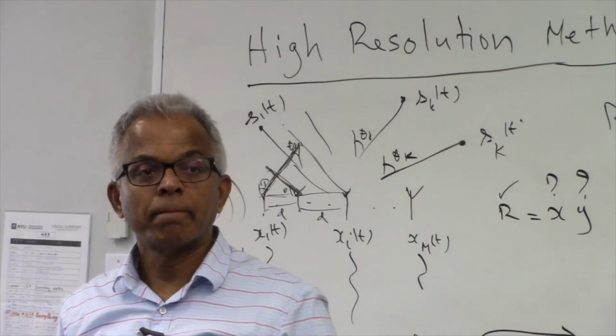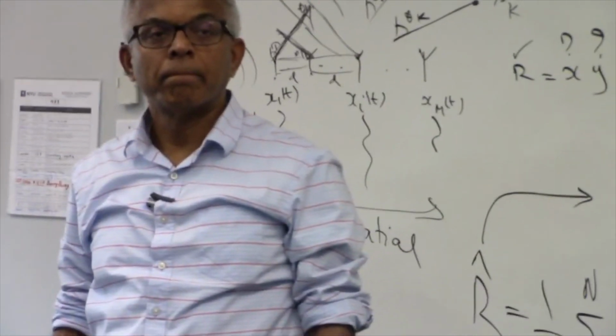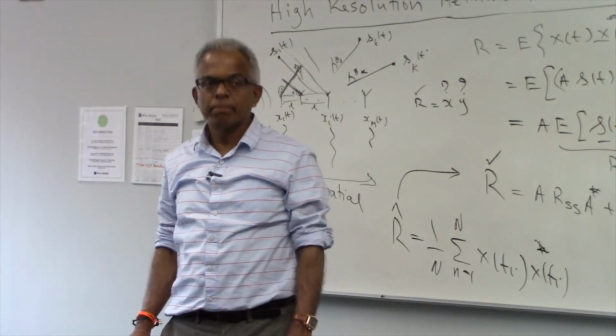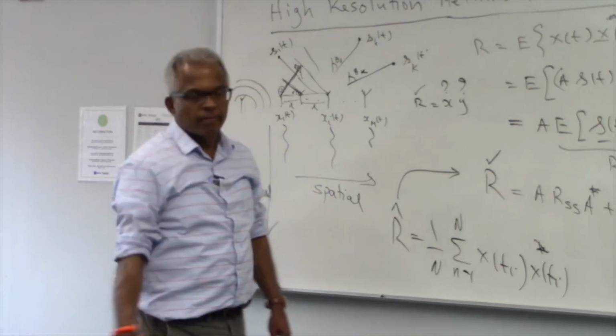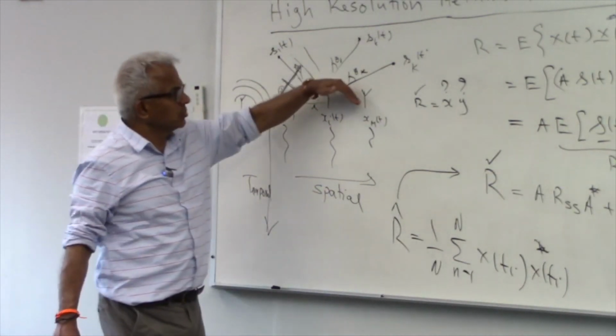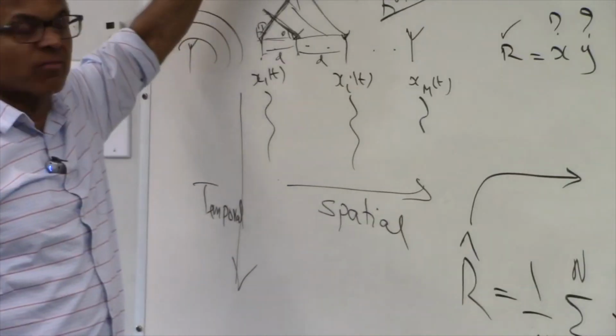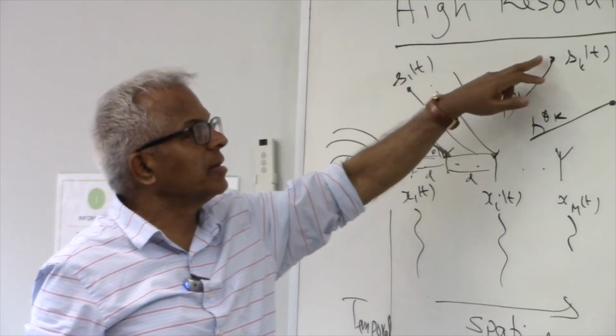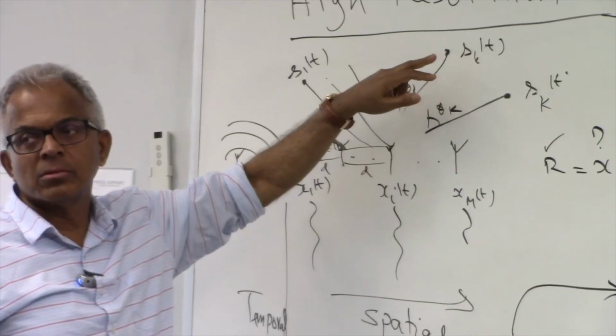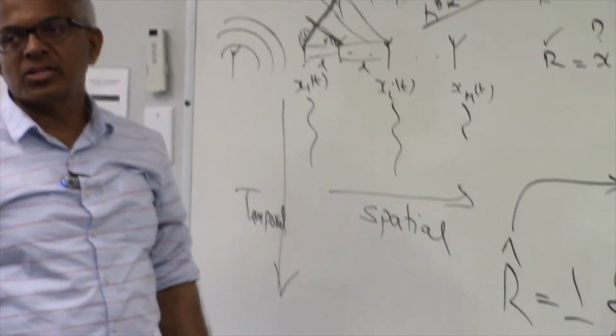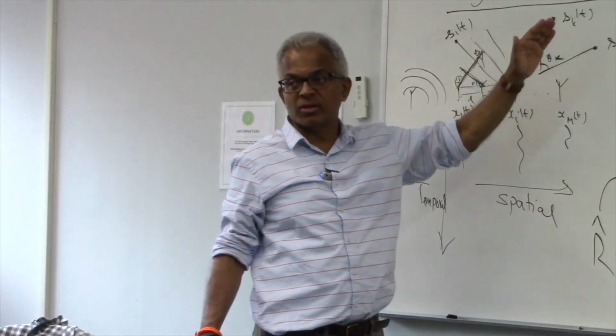The Sk is the received K-th source at the first sensor, right? That's what I was saying. Wherever it is hitting first, that's your Sk. But remember, there is no translation. We don't even know if the things are very far.